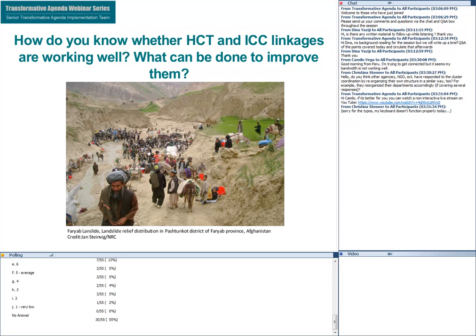But we have seen several situations where the link got stronger because of specific practices, and I've got four that come out really clearly. One is by having the humanitarian coordinator be involved in the inter-cluster coordination. It doesn't mean that the HC needs to attend all the meetings, but it means that the discussion being held at the ICC level shouldn't be totally different from the one held at the HCT level.